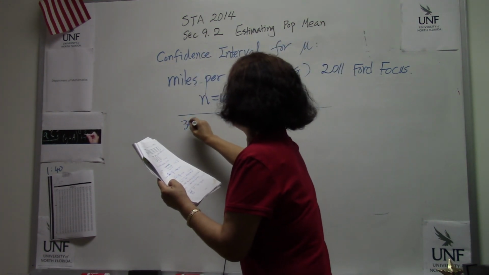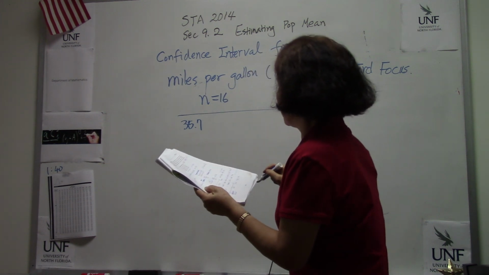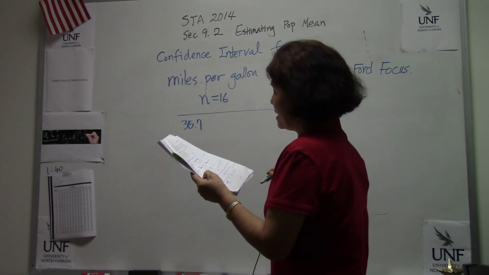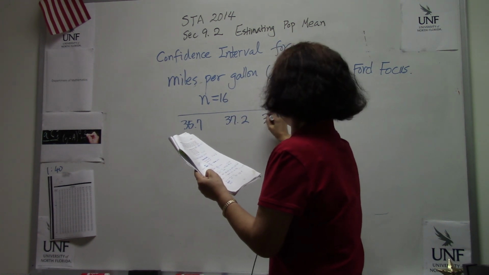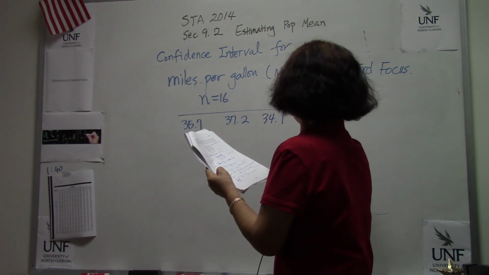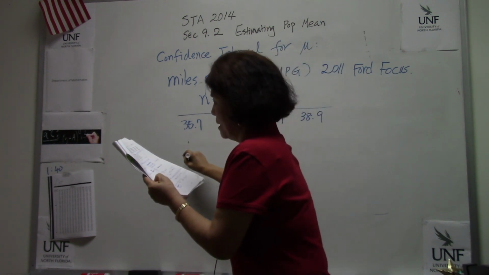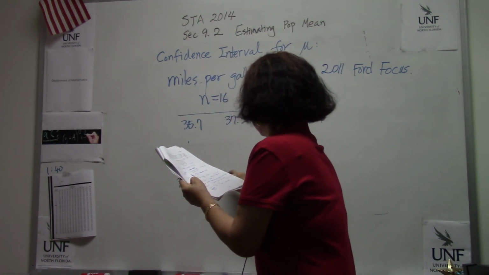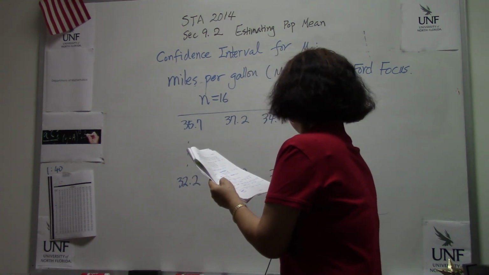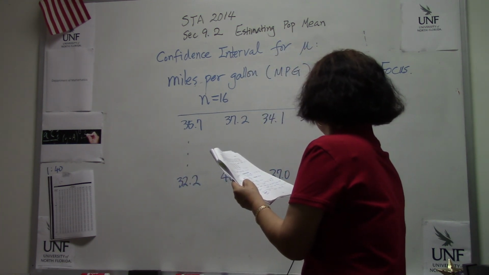One person reported 35.7 miles per gallon, 37.2, 34.1, and 38.9, and so on. Here are 32.2, 40.9, 37.0, and 36.0.